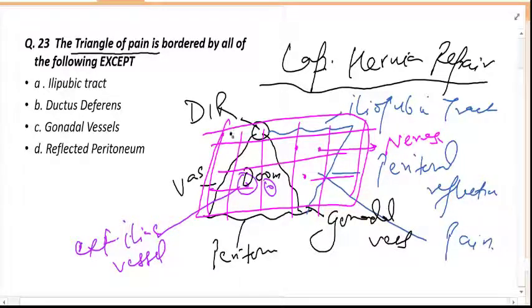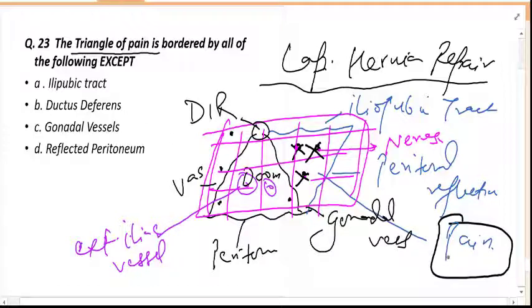Trackers are small stapler-like things. They will keep the mesh in its place. So you should not fire the tracker in this triangle, because if your tracker hits a nerve, it will cause significant pain in the post-op period. So that is the importance. You should not fire your trackers in this.